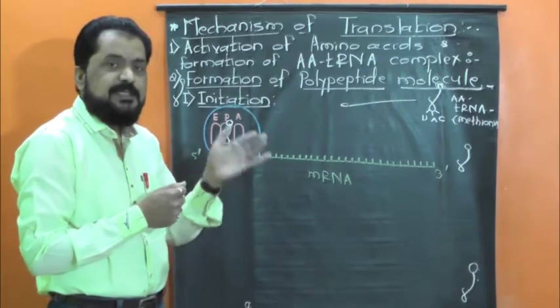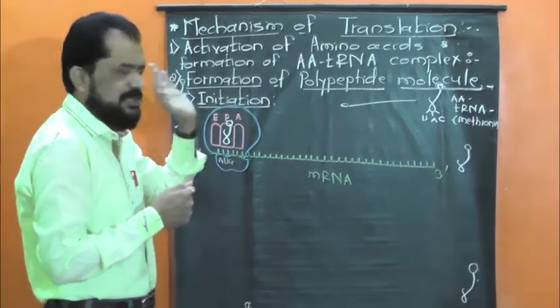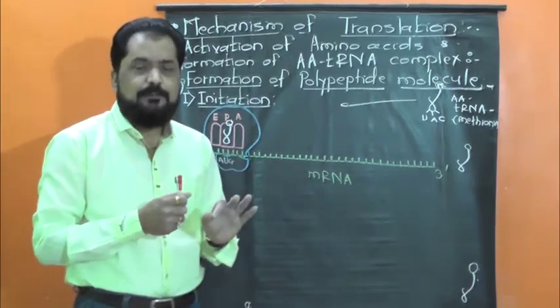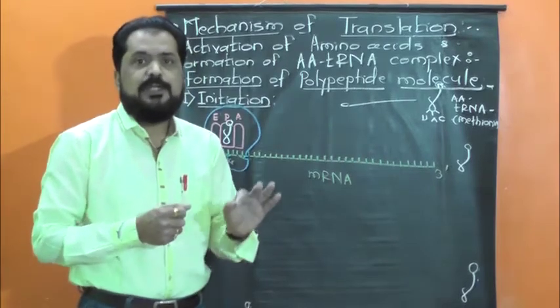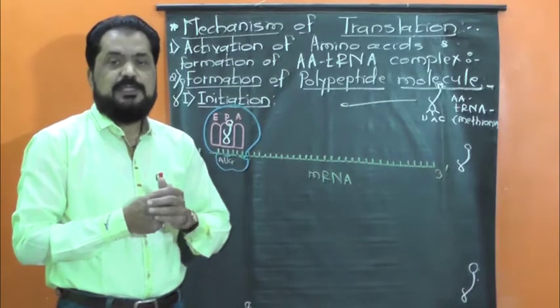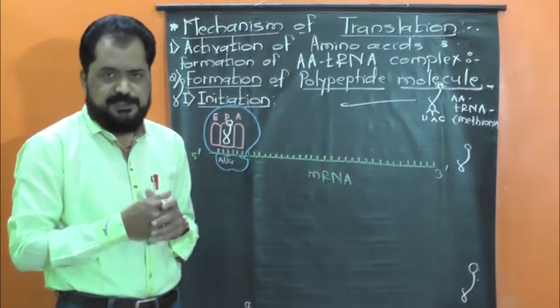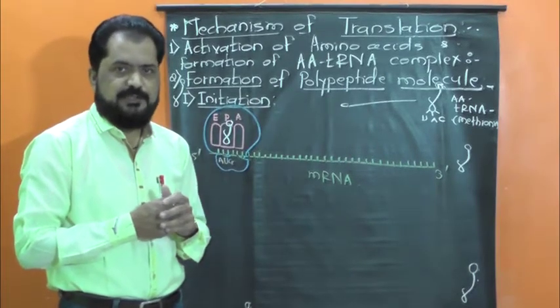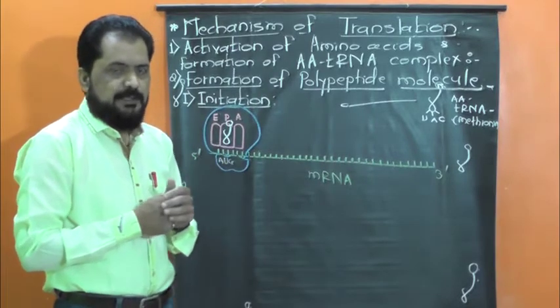This process is known as the initiation. It is the beginning of synthesis of the polypeptide chain. It also requires some initiation factors. यासाठी काही initiation factors पण गरजेचे असतात.